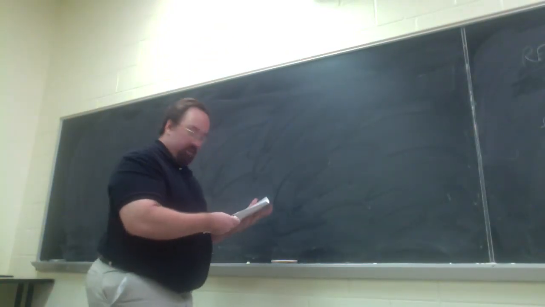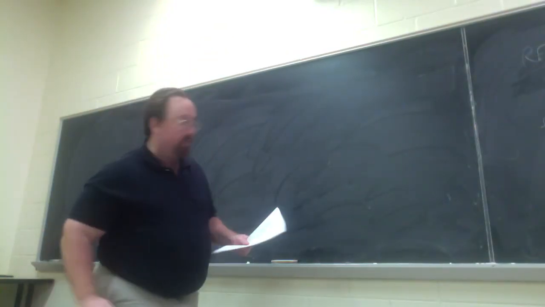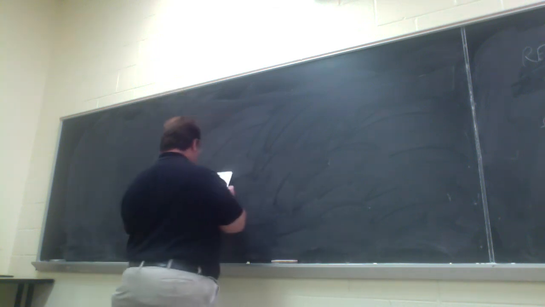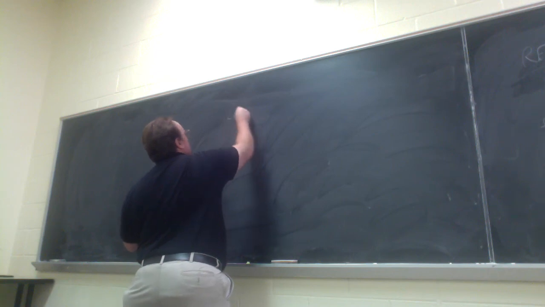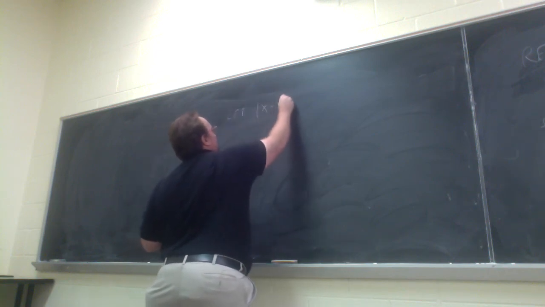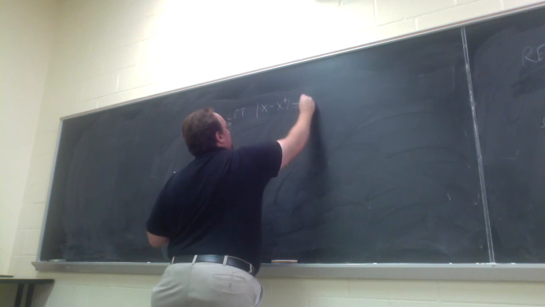Okay, so now let's assume that the absolute value of x minus x star is less than or equal to delta.